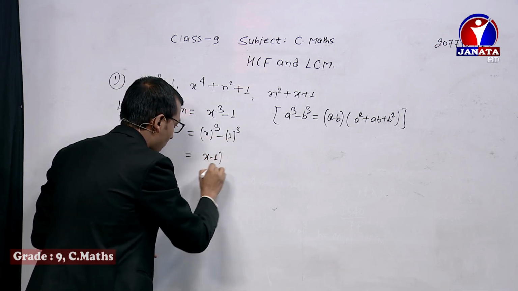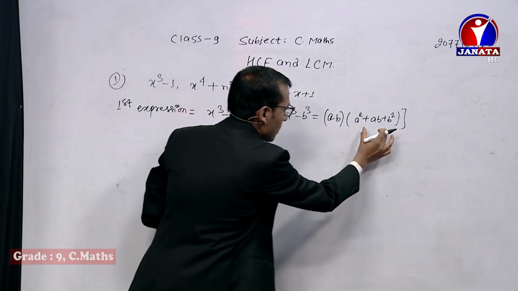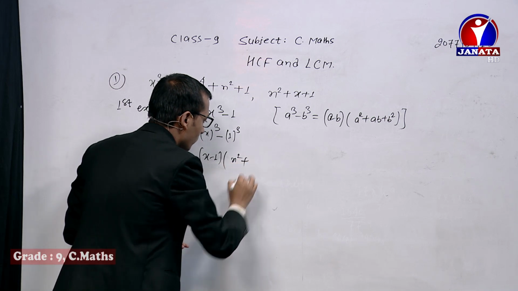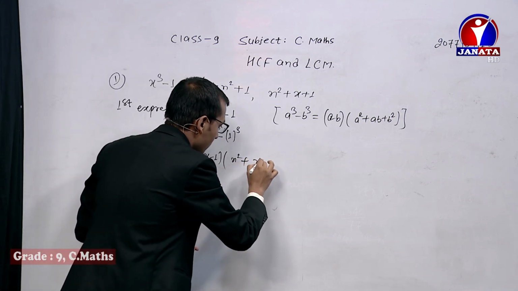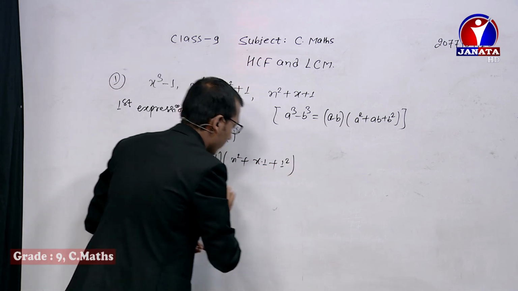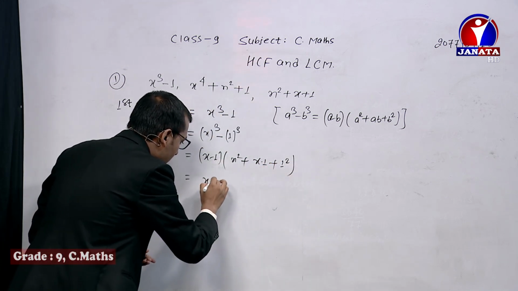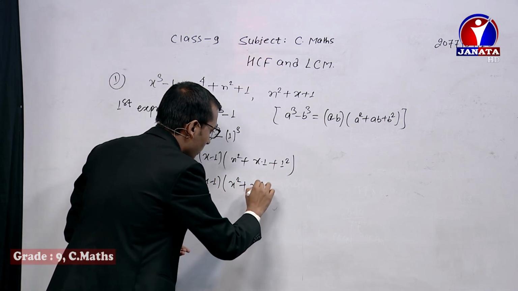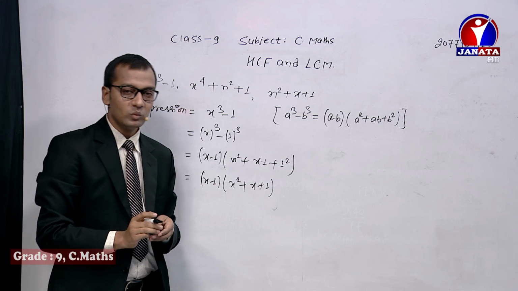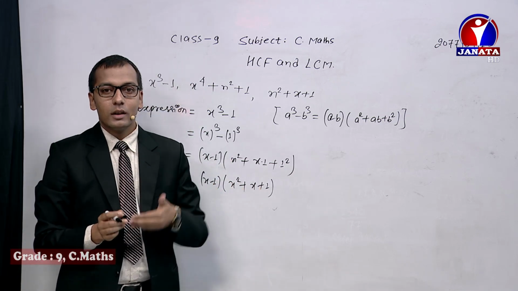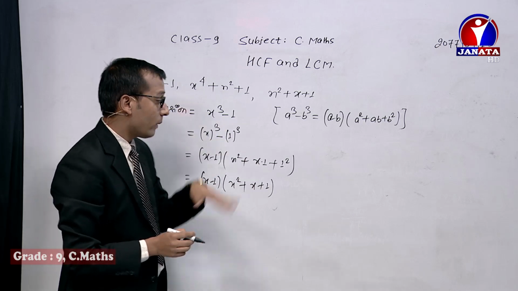So x minus 1 times the second factor, which is a square, so x square, plus ab, x times 1, plus b square, 1 square. So this is equal to x minus 1 times x square plus x plus 1. So these two are the factors of the first expression x cube minus 1.